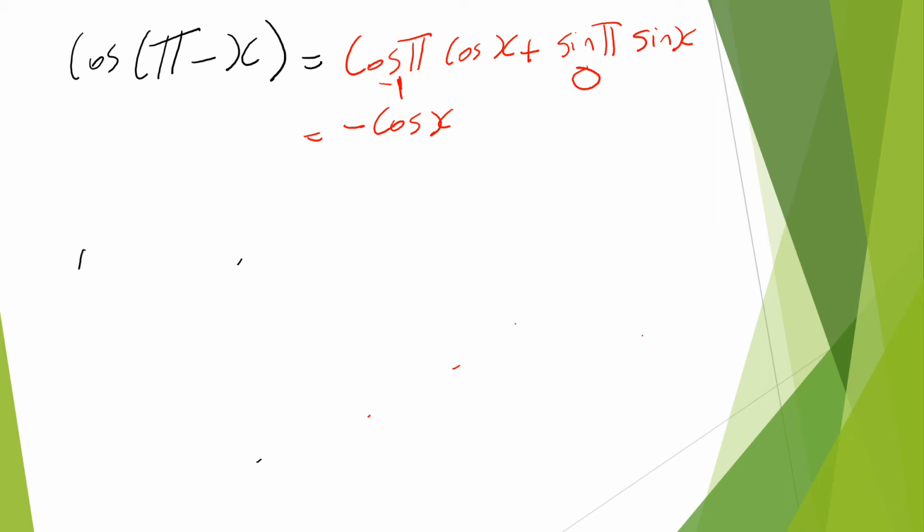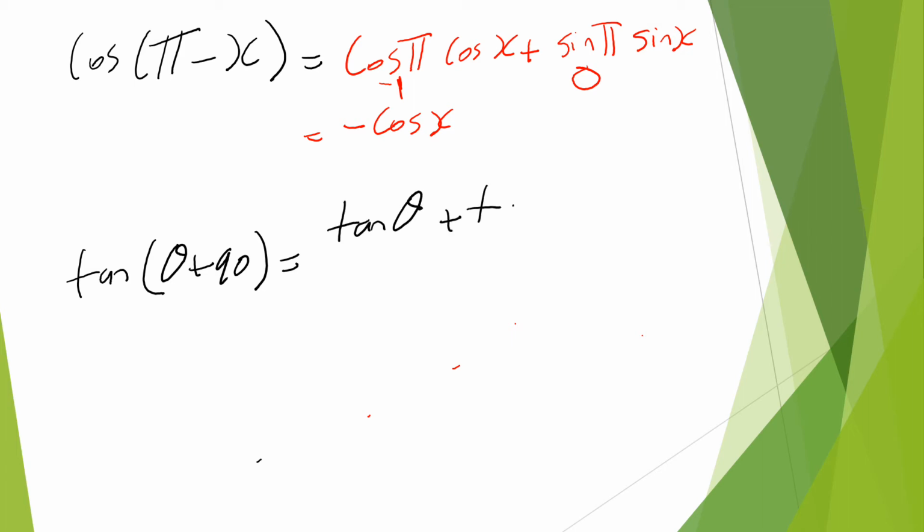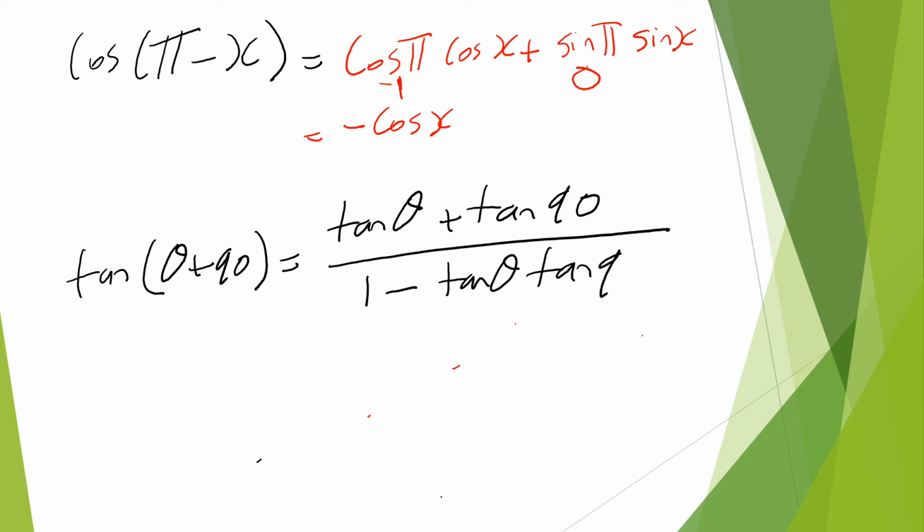We can have one more example. Let's try the tan of theta plus 90. Tan of theta plus 90 is the same as tan theta plus tan 90 over 1 minus tan theta tan 90.